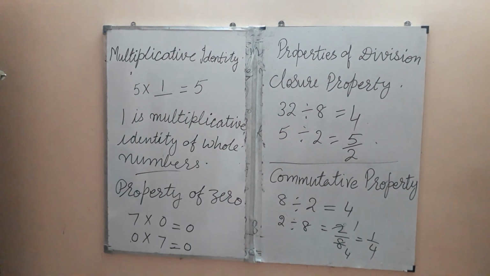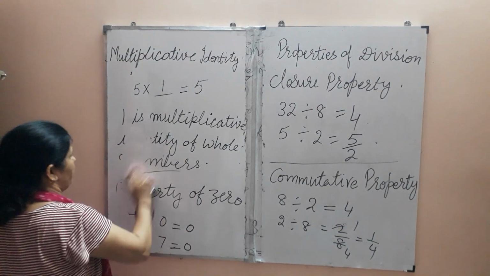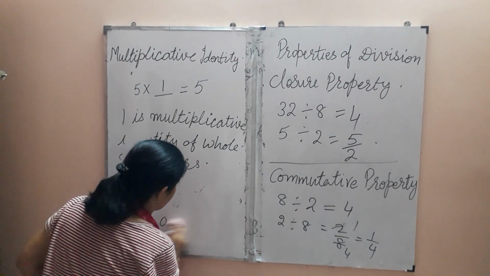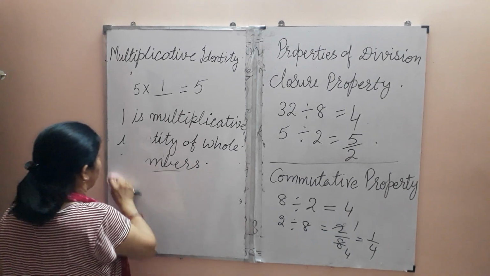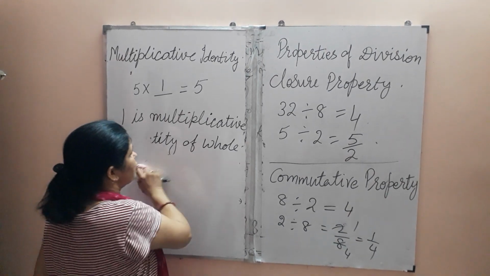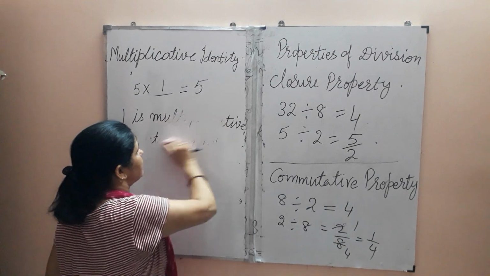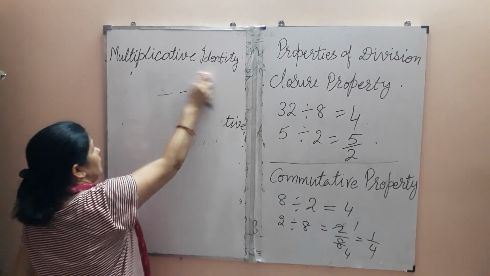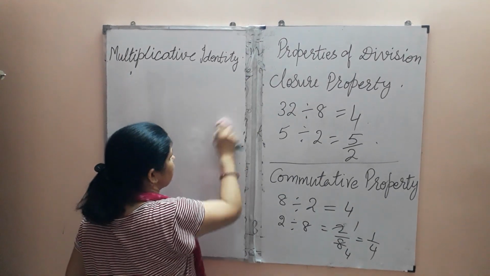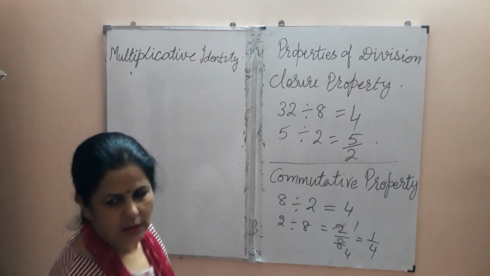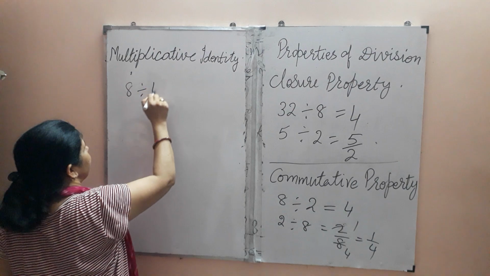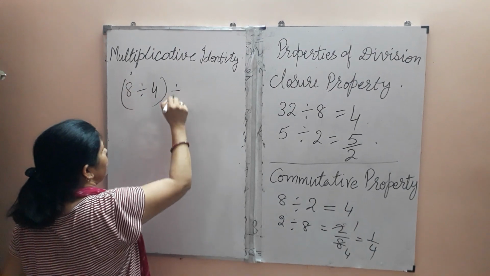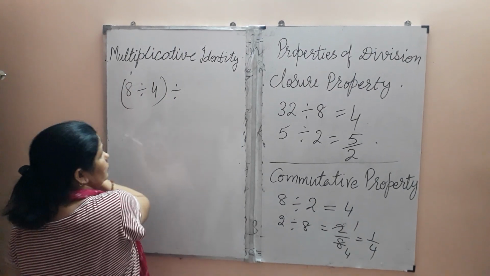Third is associative property. In addition, subtraction and multiplication we have seen what happens if we change the groups. Now we will see what the result is in case of division. Take 8 divided by 4 divided by 2.